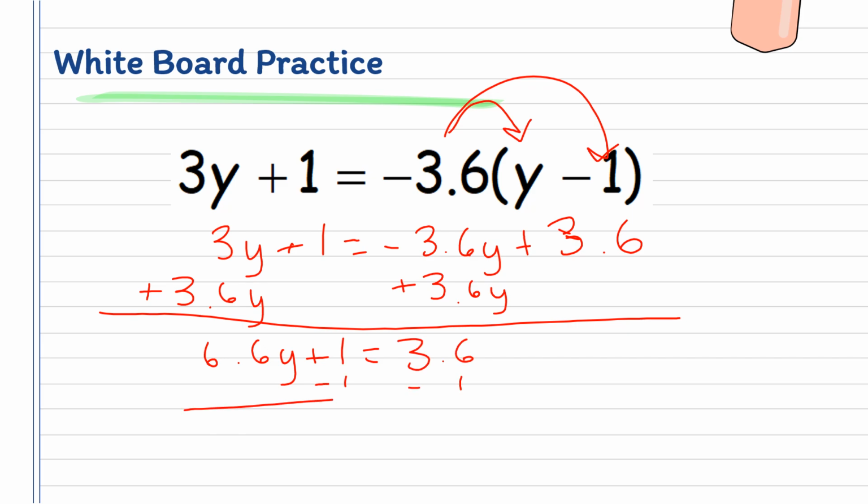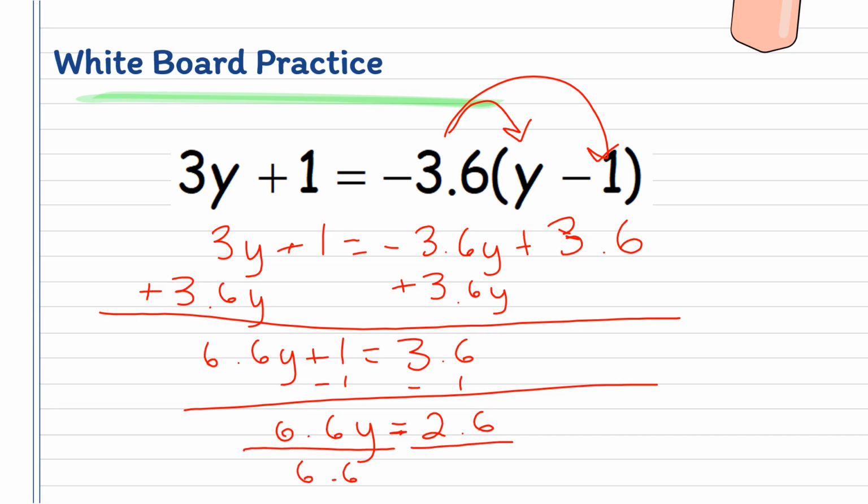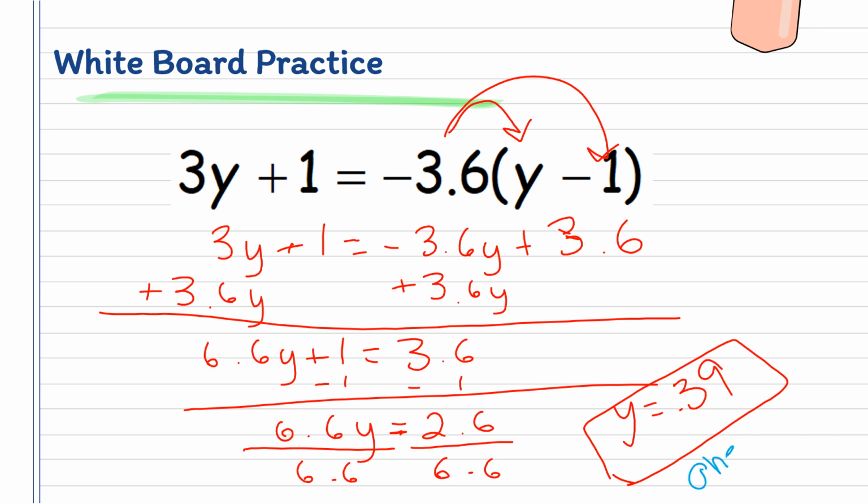Subtract 1 on both sides. And I'm left with 6.6y is equal to 2.6. Let's divide by 6.6 on both sides. And since I'm working with decimals, I am going to leave my answer as a decimal. So I am going to get 0.39, and I'm just going to leave it at that. And again, I don't want just what the solution is, I want to say how many. There is 1.